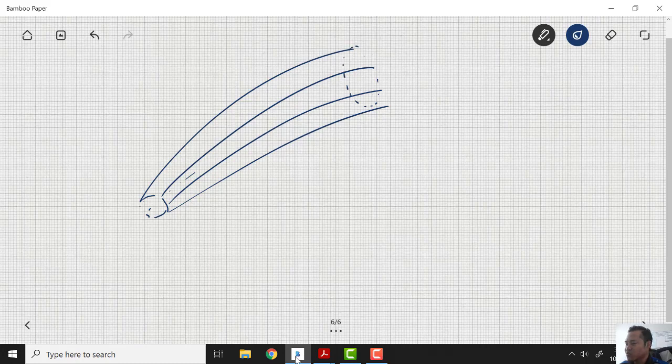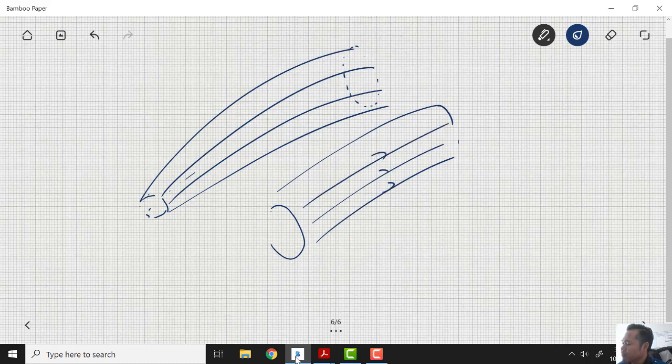The tube is made out of streamlines, so we call it a stream tube.